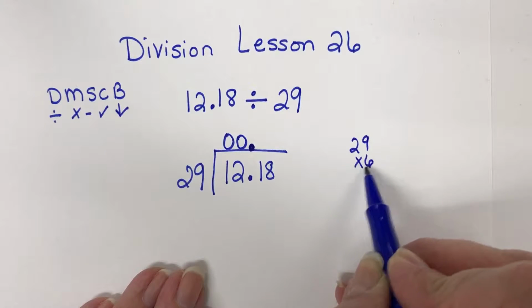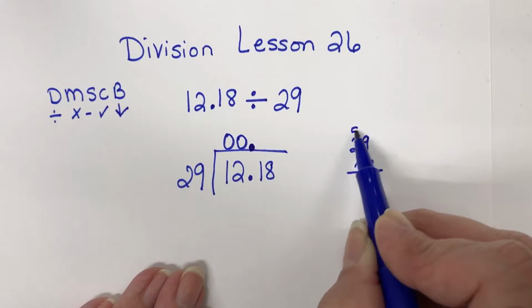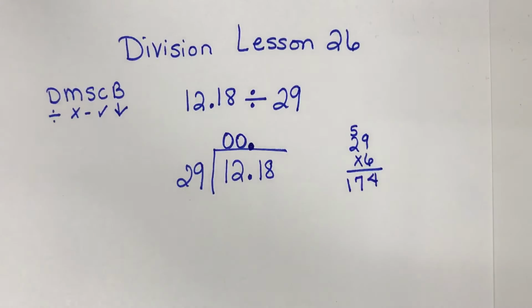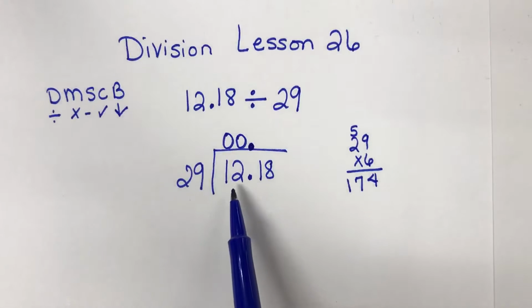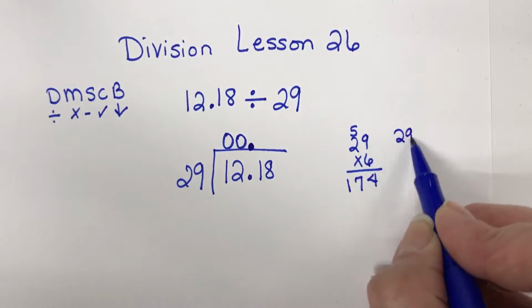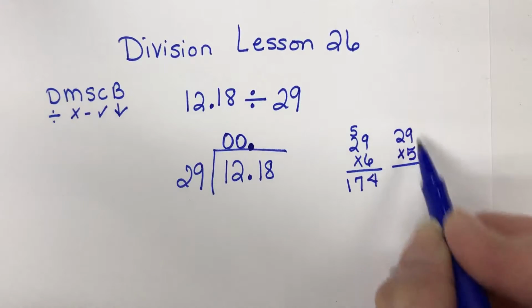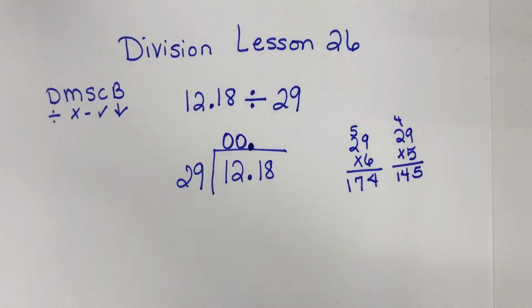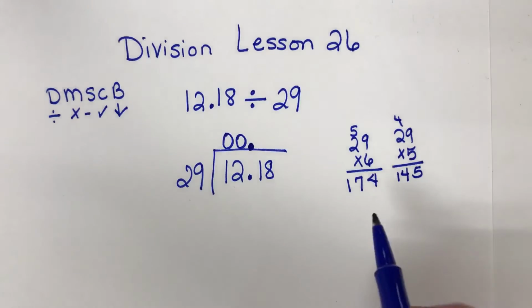29 times 6. That's 174. That is really large compared to 121. Let me see what 29 times 5 is. That's 145. That's still too big.